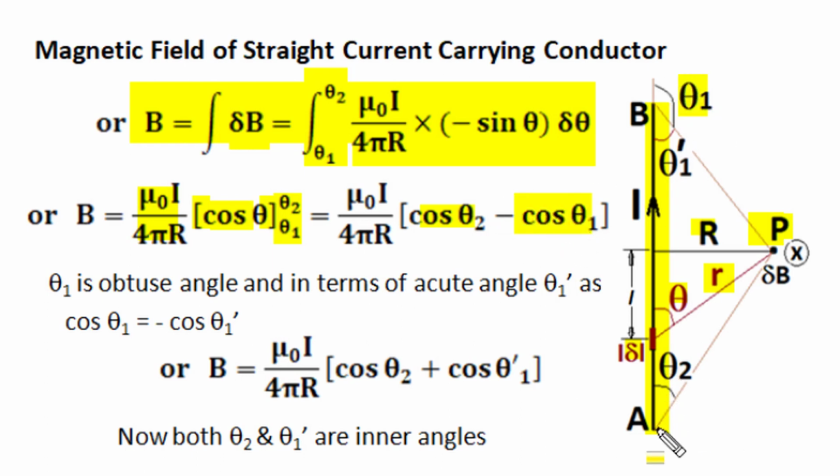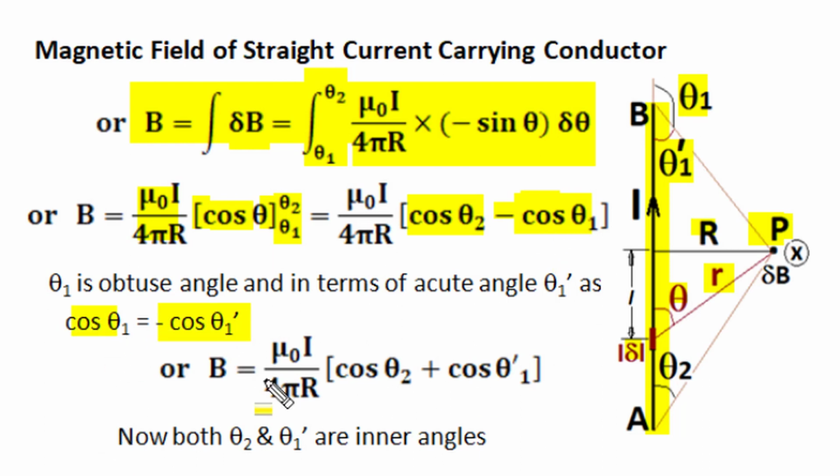Now to decide from which angle to which angle we have to make the integration, we have to consider that first the smaller, less than 90 degree angle should come, and then the more than 90 degree angle theta 1 should come with a negative sign, so that when this becomes an obtuse angle more than 90, its cosine becomes negative, and with the negative sign that becomes positive. Now in place of this obtuse angle, we can represent it in terms of the inner angle theta 1 dash, which is an acute angle, and we know cos theta 1 is minus cos theta 1 dash.